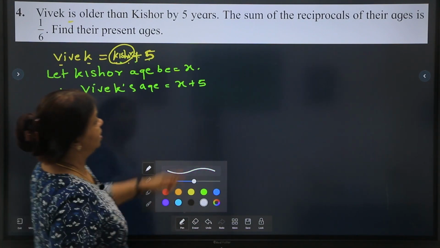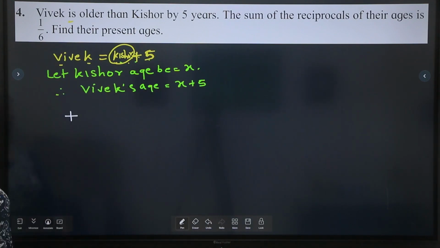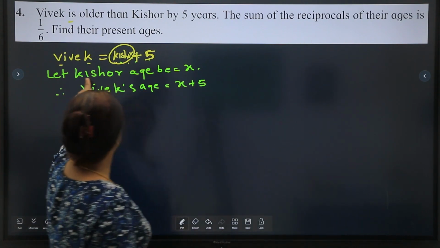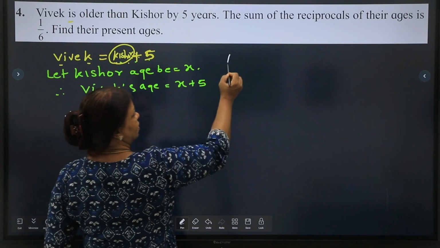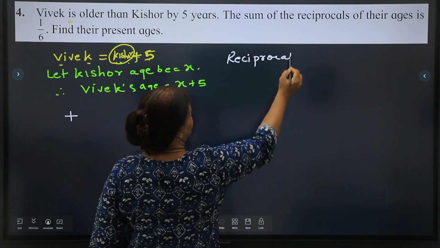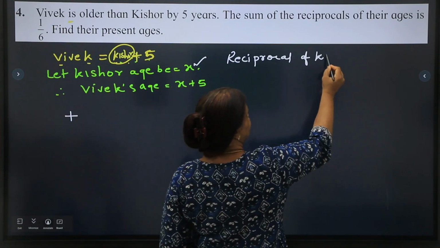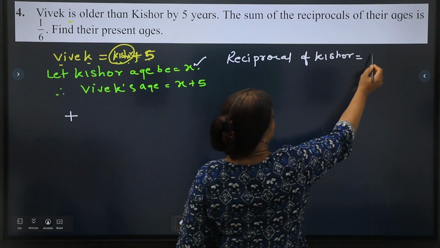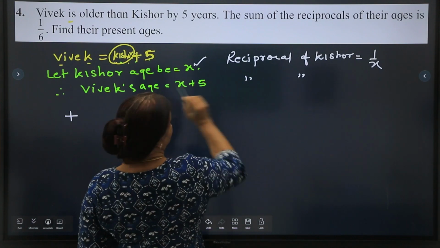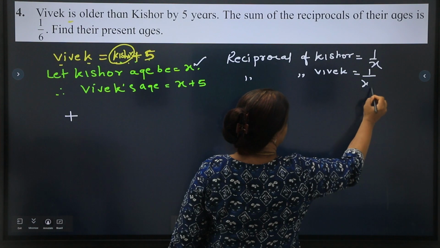Now, what is written further? The sum. Sum means plus, sum of reciprocals of their ages. So, what is the reciprocal of Kishore's age? Reciprocal. Reciprocal means 1 upon, children. Whatever the age is, 1 upon that. So, reciprocal of Kishore's age is 1 upon x, and reciprocal of Vivek's age is 1 upon x plus 5.